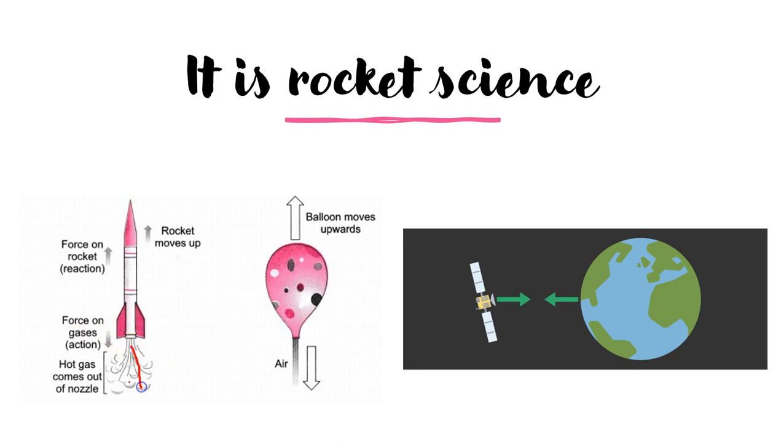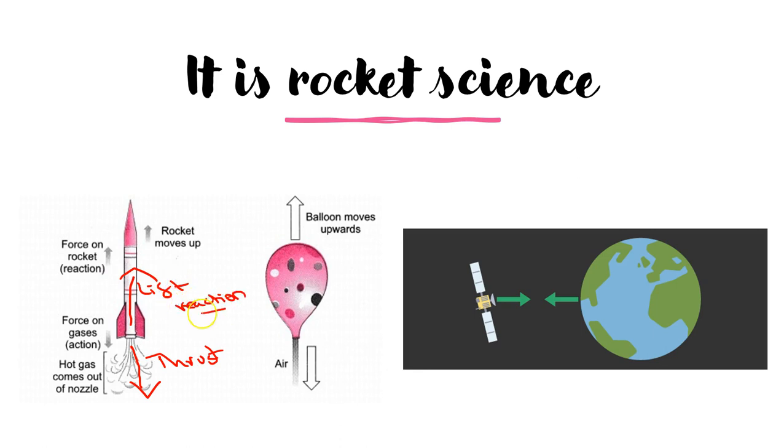So the gases are being forced down from the rocket, and as this occurs, this causes a reaction force in the rocket, causing the rocket to move up. So we have the thrust, which is our action force, okay, and then the lift, that is our reaction force.